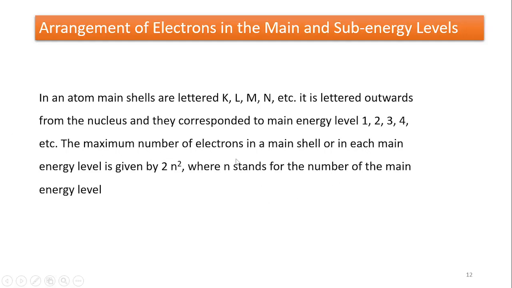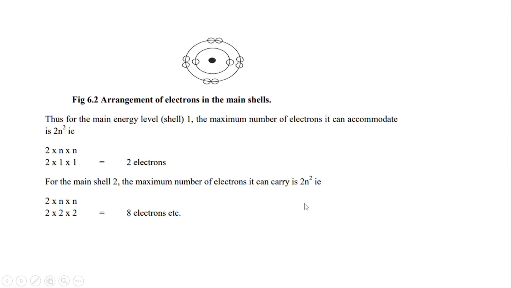Now let's proceed. The maximum number of electrons in a main shell, or in each main energy level, is given by 2n squared, where n stands for the number of the main energy level. Now look at this arrangement of electrons in the main shells.